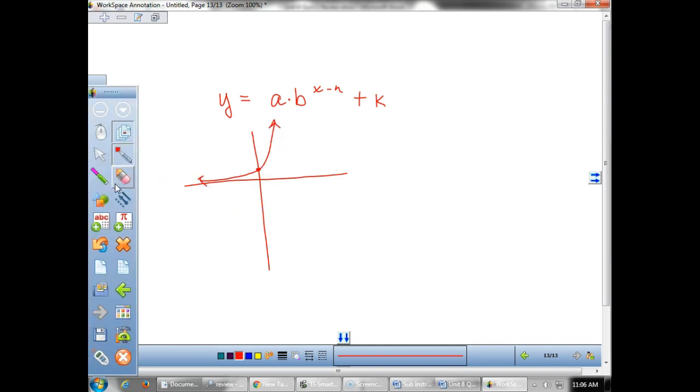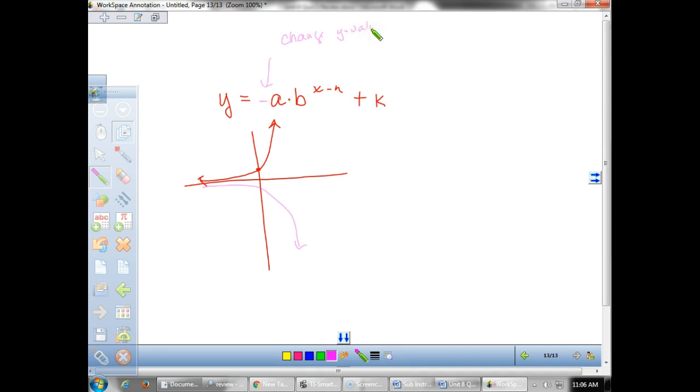Now, if I am changing the value out front, the a, it is a reflection how? It changes your y's. So it's going to make it go across the x-axis like this. It changes your y values. You know how we've been using the tables and changing all the x's or all the y's, that would accomplish that. Now what if I had a negative up here?